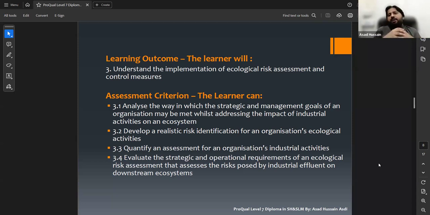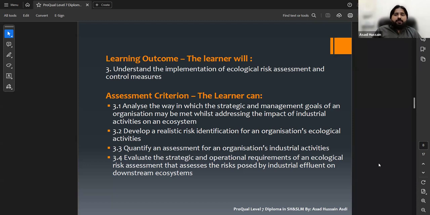With regard to this 3.1 assessment criteria, the type of evidence you can use is that which confirms you are working on EMS, environmental management systems, and you have integrated them.